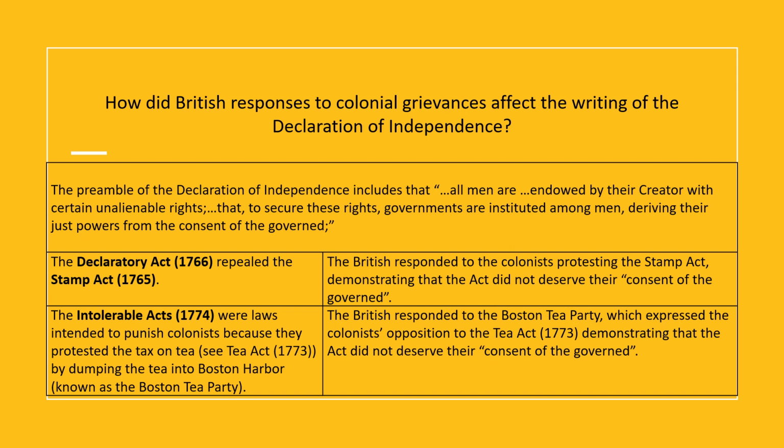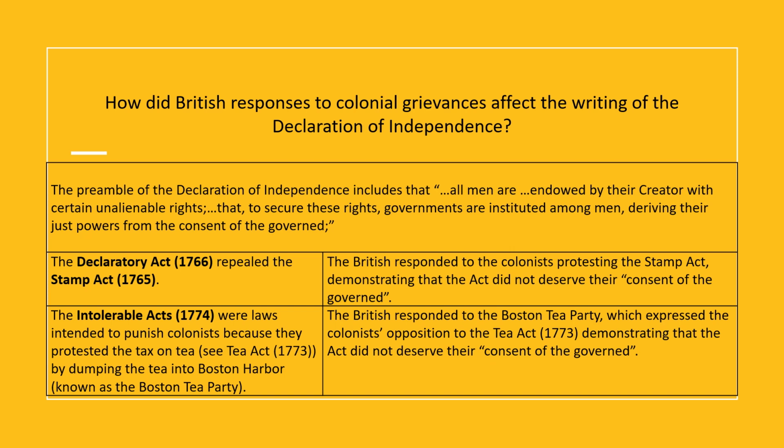The Intolerable Acts from 1774 were laws intended to punish colonists because they protested the tax on tea by dumping the tea into Boston Harbor. This is what we know as the Boston Tea Party. Now, we often think of a party as being a pleasant event, but this wasn't pleasant at all.